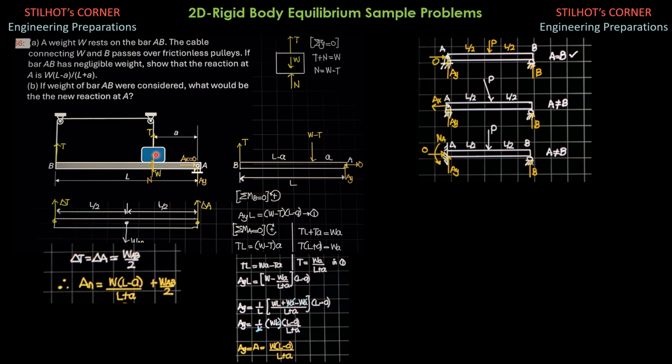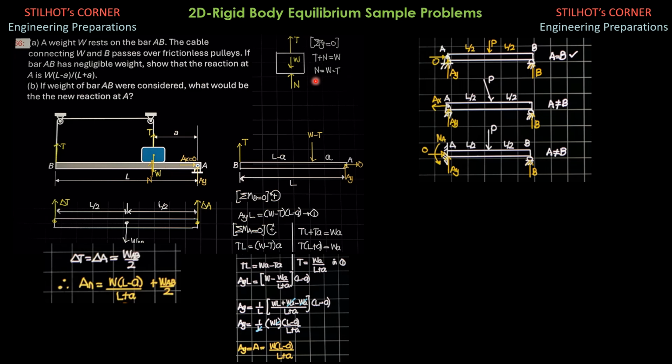So let's compute the net reaction that will be transmitted from this body by drawing this free body diagram. We have tension, weight downward, and this is the normal reaction N, which is pressure. So summation of forces in y equals 0: T plus N minus W equals 0.